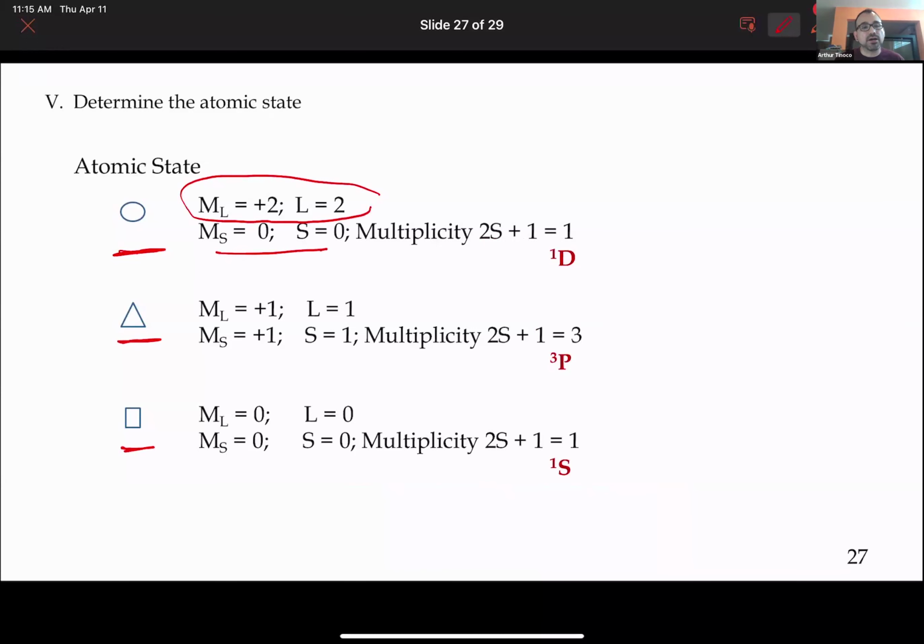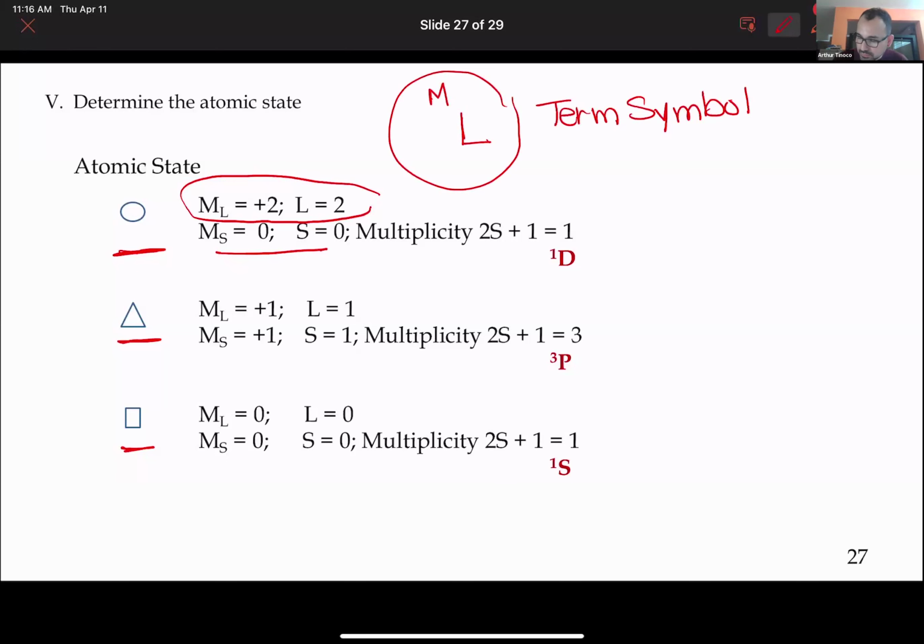So now we need to define that particular atomic state. If you recall, we need to know the L value and we need to know the multiplicity. That's how we define the term symbol. So here, our L is going to be 2.